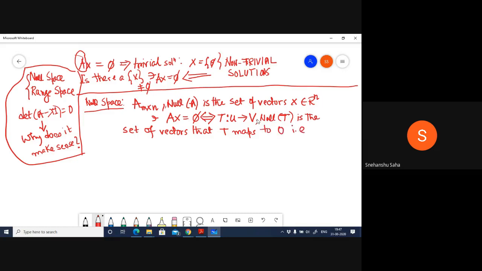A more concise representation of null of T is this.